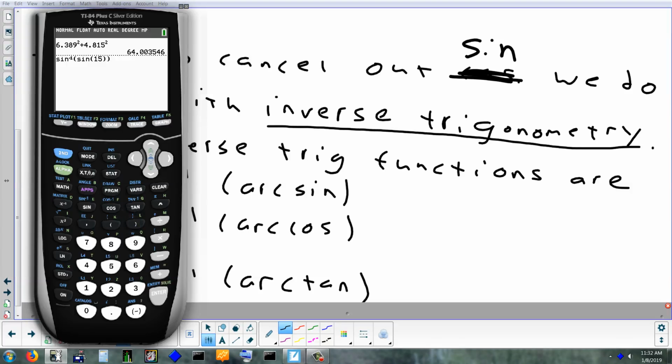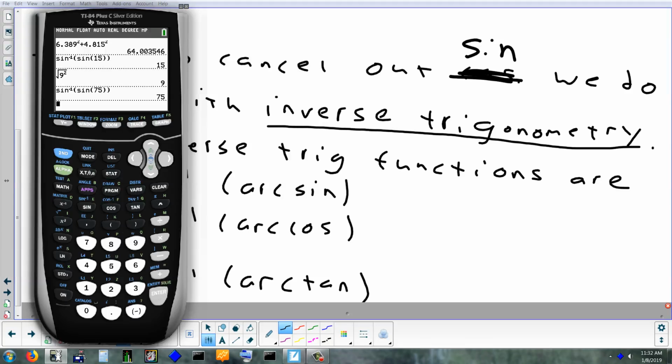The 15. They wipe each other out. It's kind of like if you did the square root of 9 squared. You just typed in square and square root. They cancel each other out, so all you get back is what you originally typed in. How about inverse sine of the sine of 75? I get 75. So they cancel each other out.